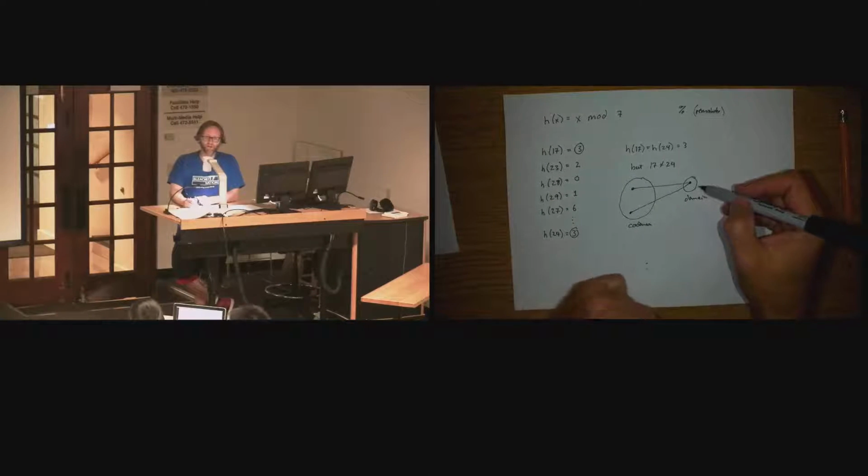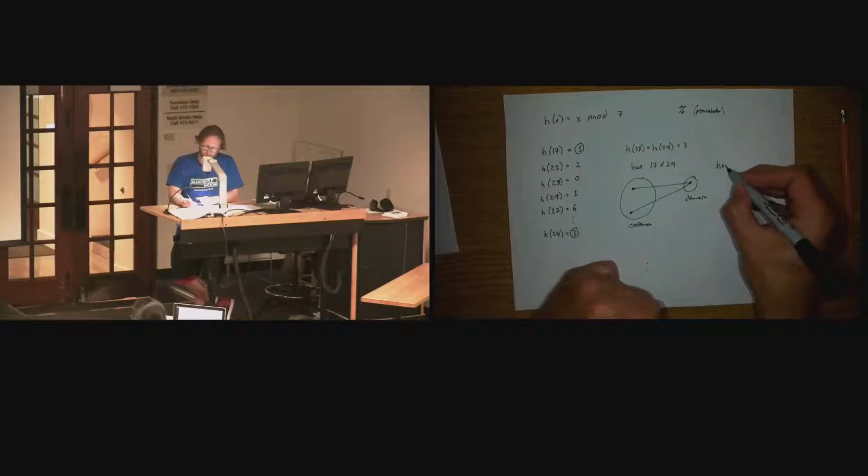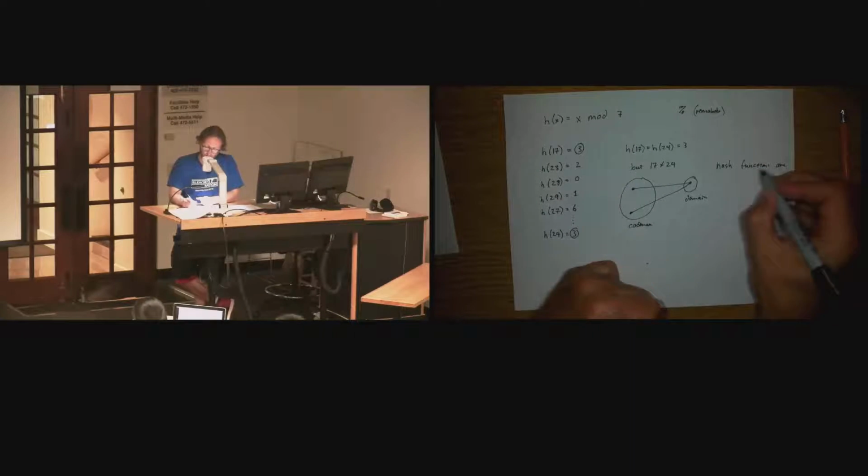What property is this not? Remember functions? It is a function, and functions can be injective, surjective, or synonyms of those would be onto and one-to-one. Is this one-to-one? Nope. So hash functions are not one-to-one.